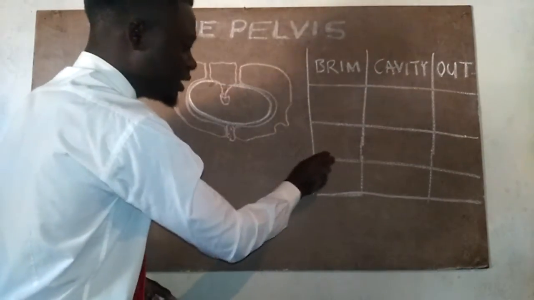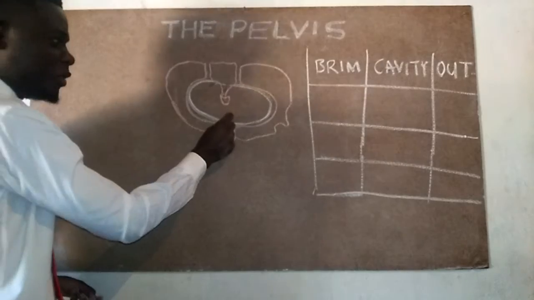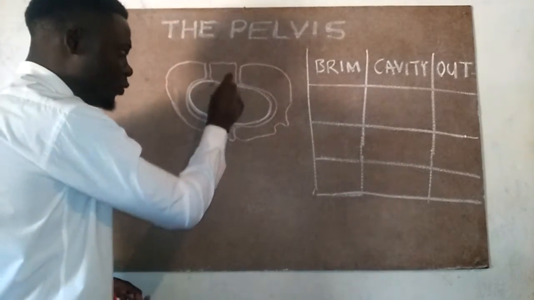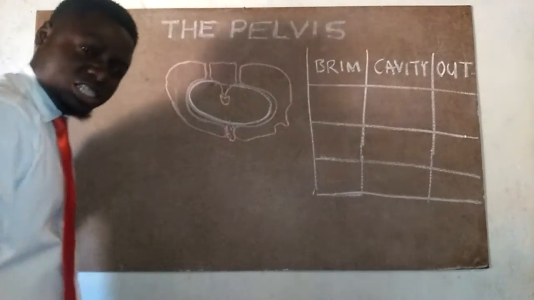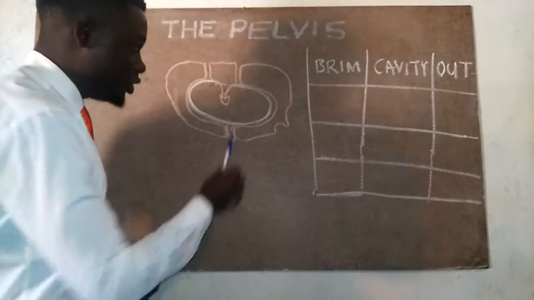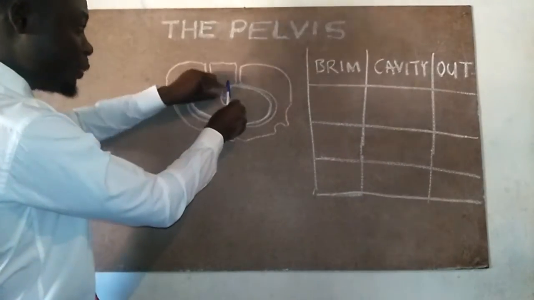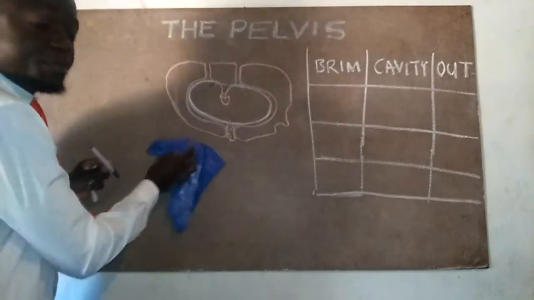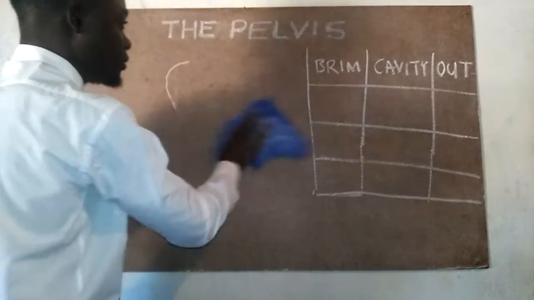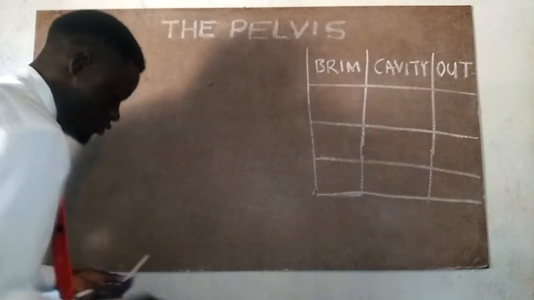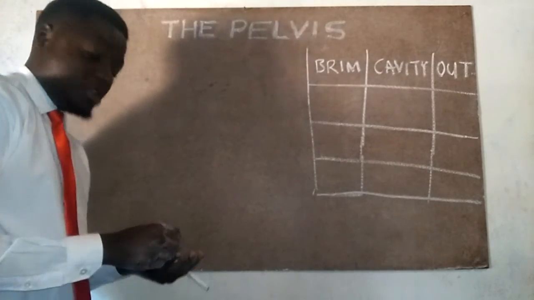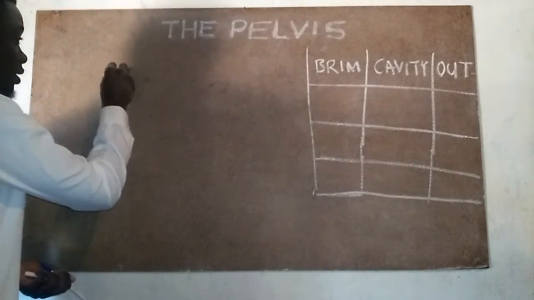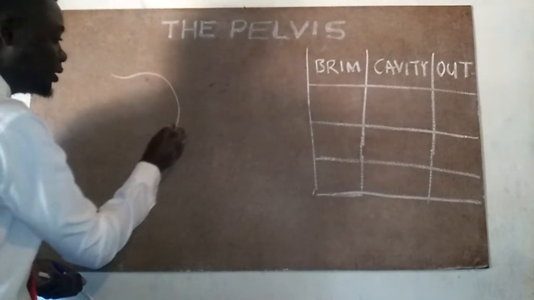Now, the diameter from front to back is termed the anterior posterior diameter. So this is the AP diameter. I think we'll make space so that we make a box. Imagine we are talking about the pelvis. So this is at the level of the sacral promontory.